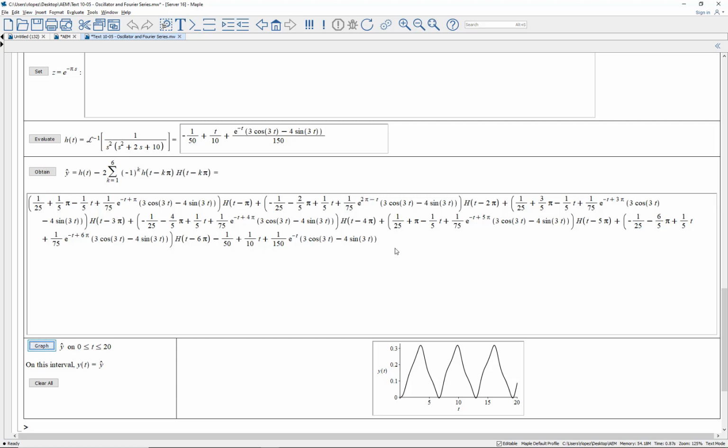Now, 7 pi is greater than 20. It's greater than 21. And the Heaviside is 0 to the left of 7 pi. And all other Heavisides, which I have ignored, are 0 to the left of 21 and hence 0 to the left of 20. So what you see here is exact on 0 to 20.